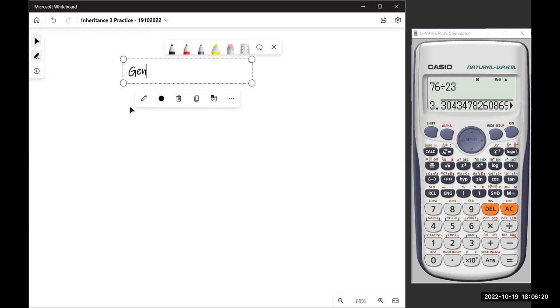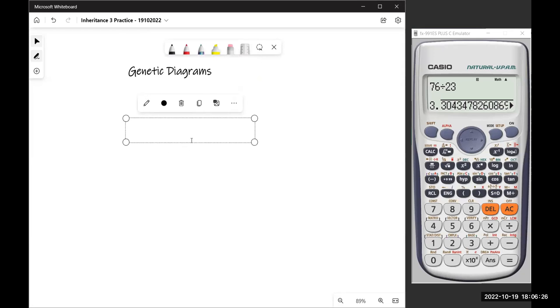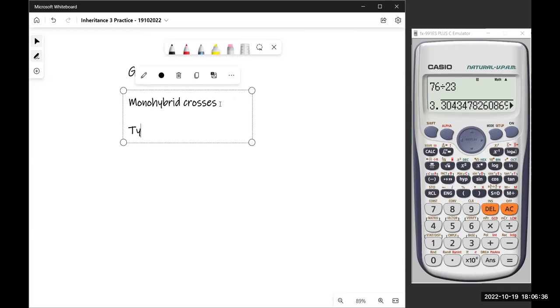First, okay. These are called monohybrid crosses. There are two kinds of monohybrid crosses. Write this in your notebook. Type 1, heterozygous and heterozygous.